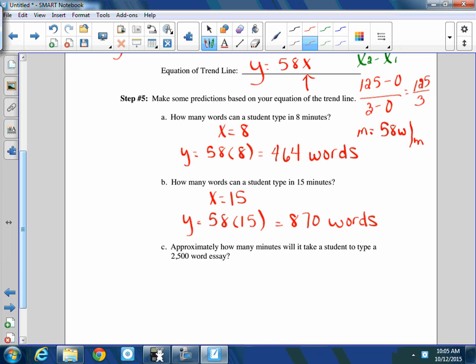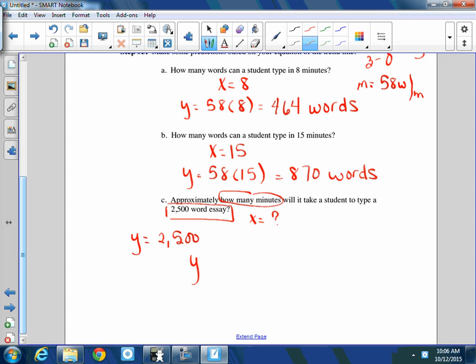Approximately how many minutes will it take for a student to type 2,500 words? So you don't know the x, because that's what minutes is, x. Now the y is 2,500. So now we go back. We state the linear function, and we plug it in.